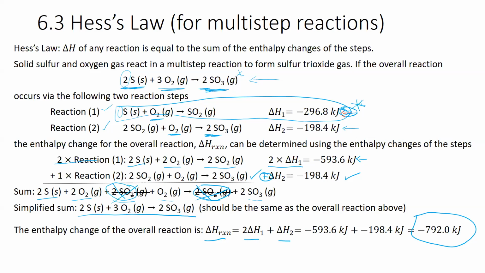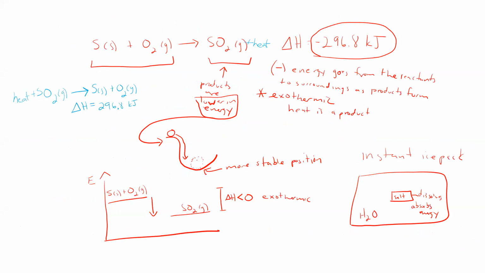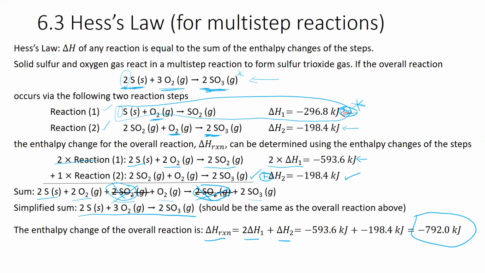Okay? So there were some strategies in there, but before we get to doing another example of this, I want to talk us through some of the processes. Actually, if we go back to this, you'll notice in the first part of this, right? In that first part, over here, I multiplied that reaction by 2, and I had to multiply the enthalpy change of the reaction by 2 as well, right?